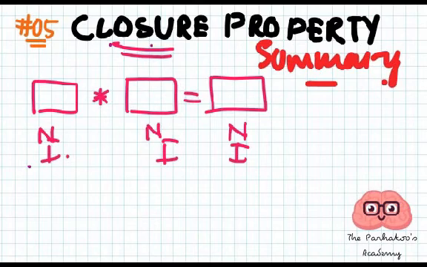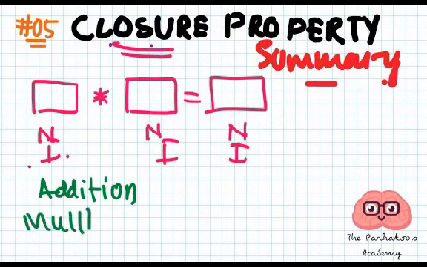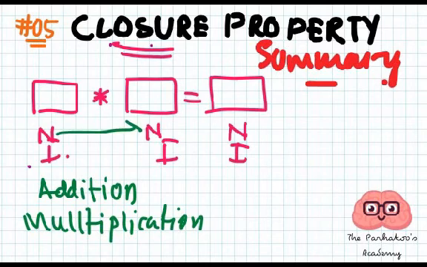Another important thing is that it is only valid in the case of addition and multiplication. That means whenever you add or multiply two numbers from the same group, you would end up getting a number which belongs to the same set.